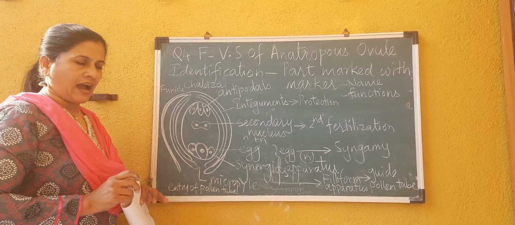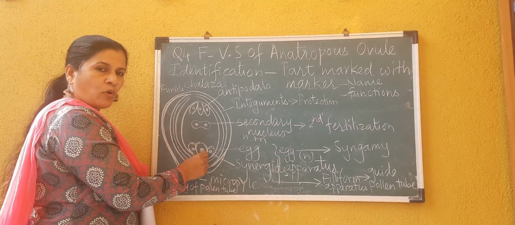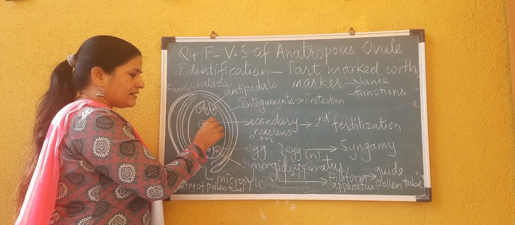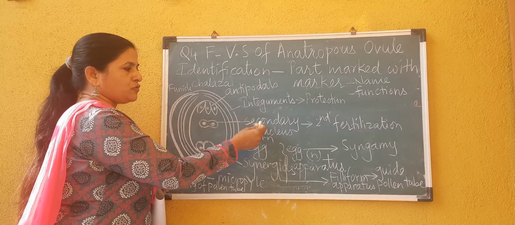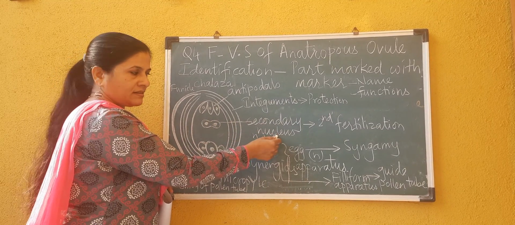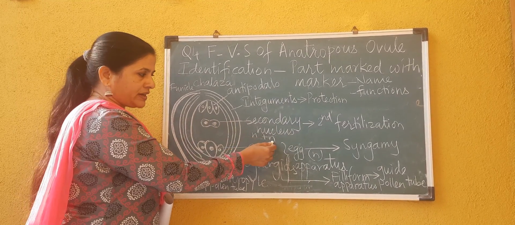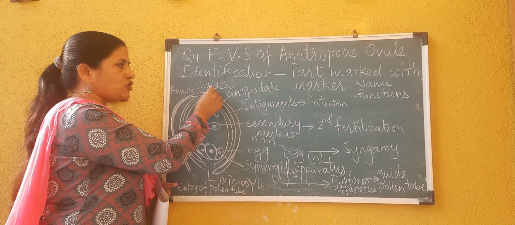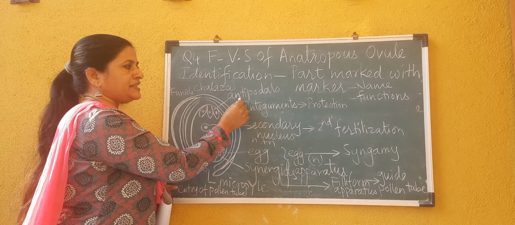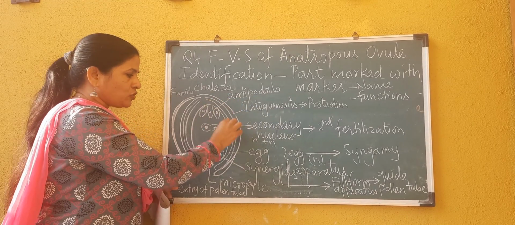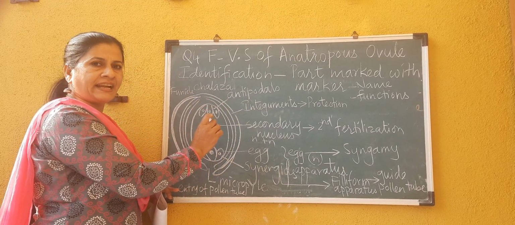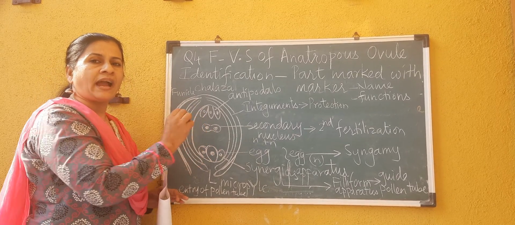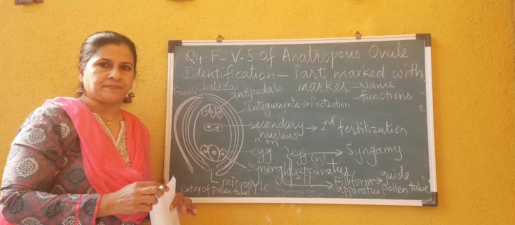All 3 cells are haploid. 2 haploid nuclei from both the polar regions come near the center and fuse to form the secondary nucleus. That is why the secondary nucleus is diploid. The 3 cells at the chalazal end are called antipodals. So it makes a 7-celled and 8-nucleated structure called embryo sac or female gametophyte.